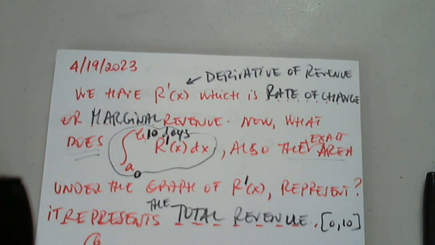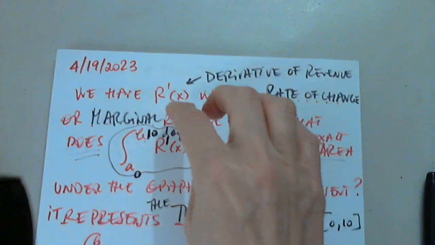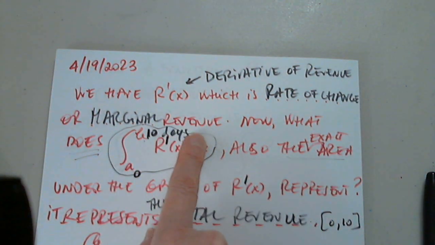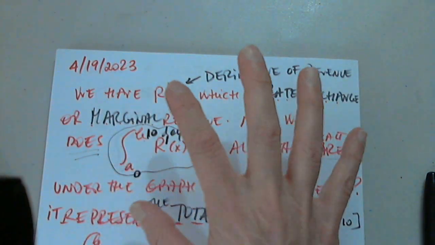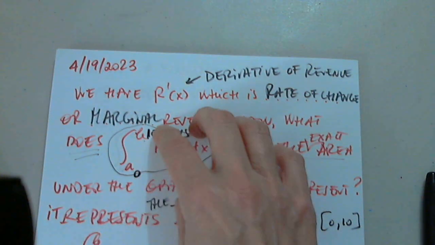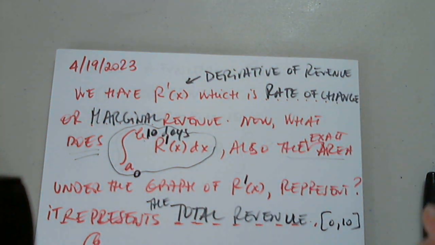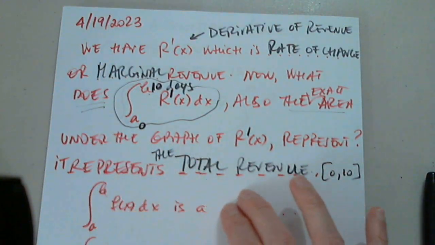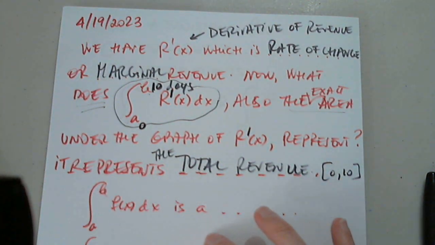Here, I changed the function: not velocity, but the rate of change of revenue, or the marginal revenue. If we want to determine the total revenue between 0 and 10, or between 10 and 50, or between 100 and 200, it doesn't matter, it's also the area under the graph, and it represents the total revenue. Yes, good. Again, what does this represent? And what does this represent?